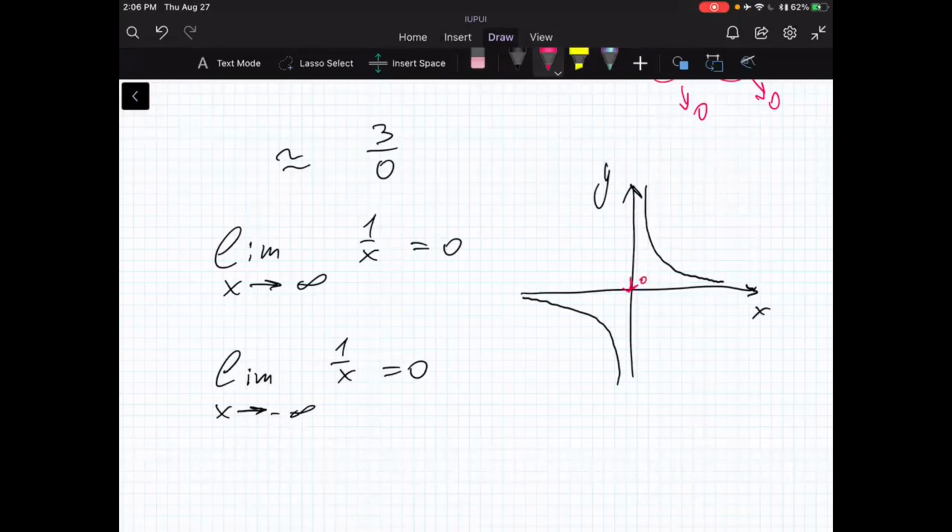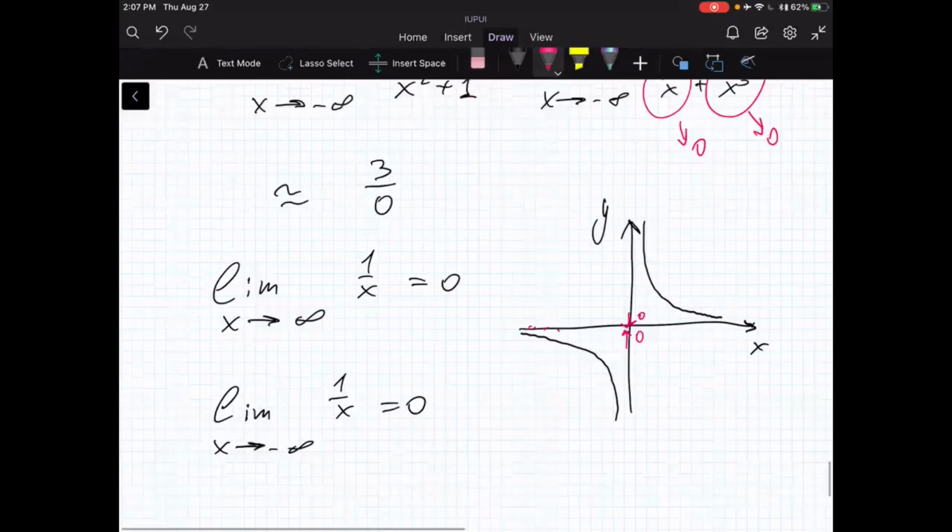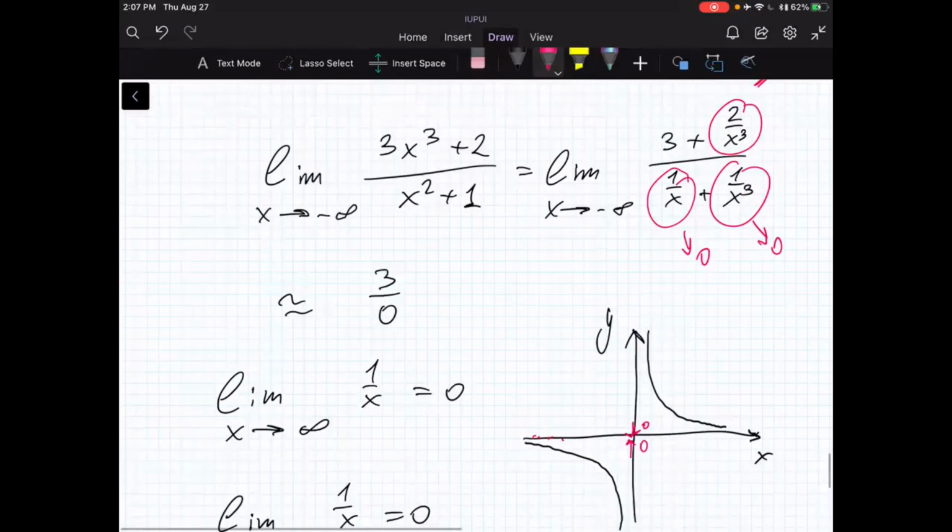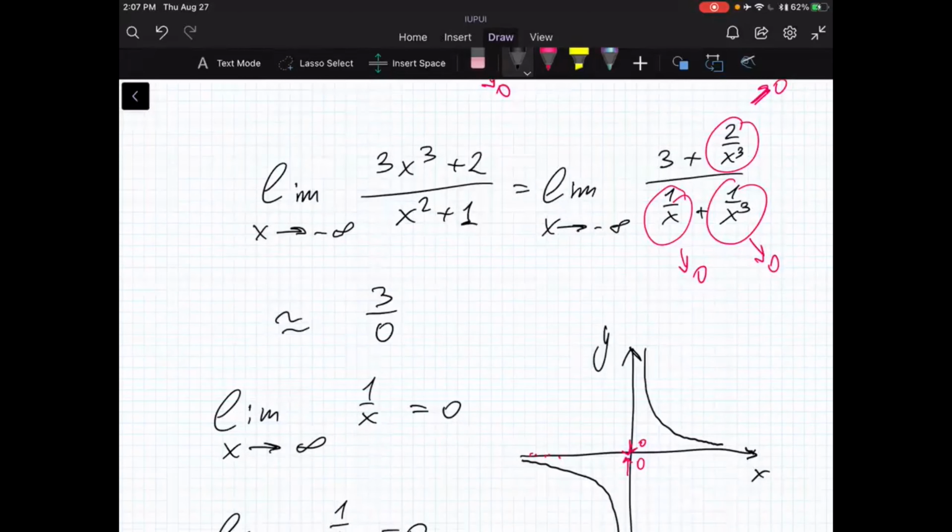The same happens when x goes to minus infinity: the y value also goes to 0, but from below. Okay. That's what happens with these two. But 3 over 0 is again something strange.